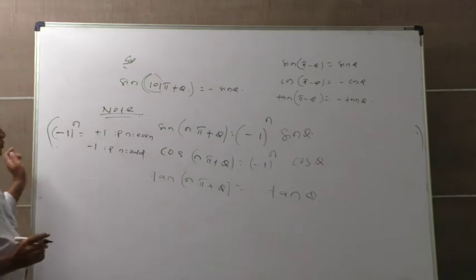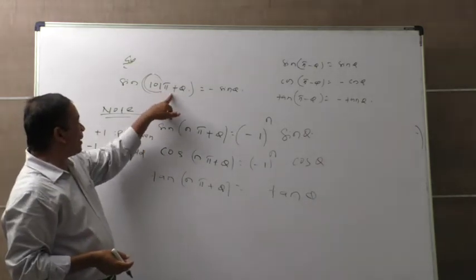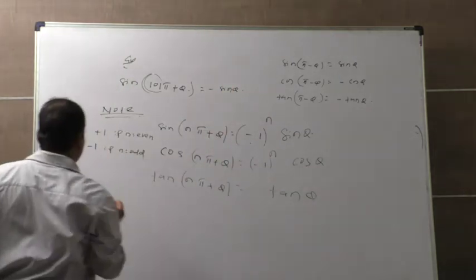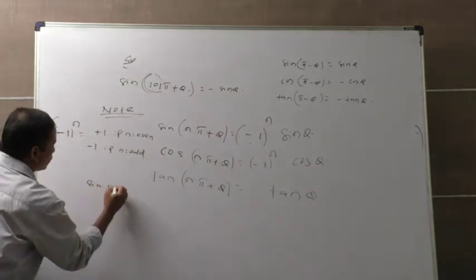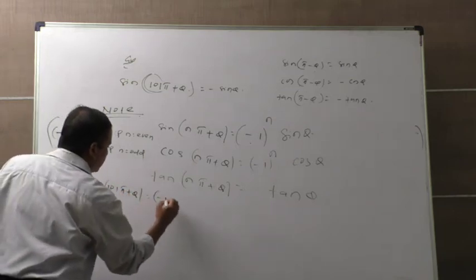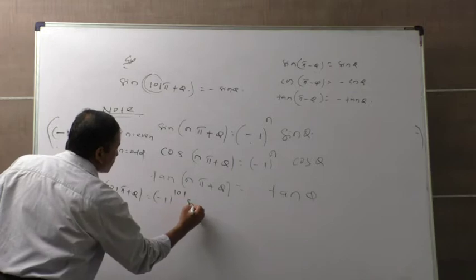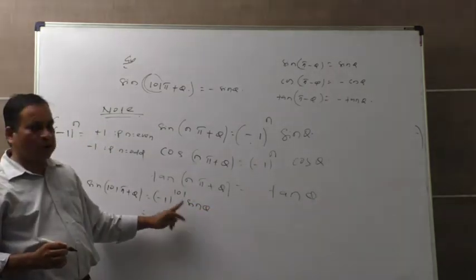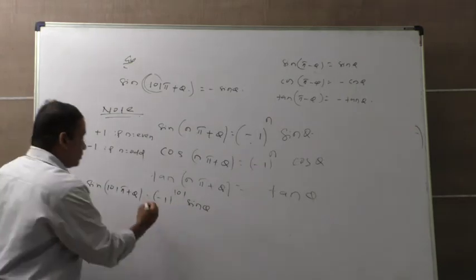Now for 101 pi plus theta, I have told you it is minus sin theta. Put the formula here: sin(101 pi plus theta) is minus 1 to the power 101 times sin theta. 101 is odd, so this will be minus sin theta.